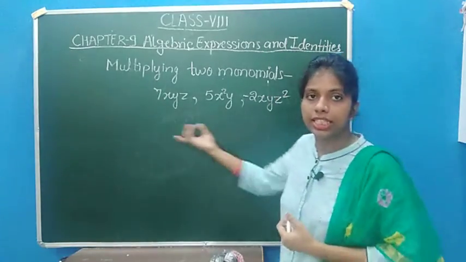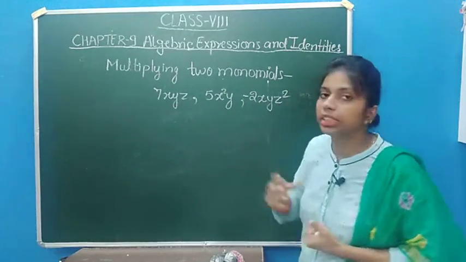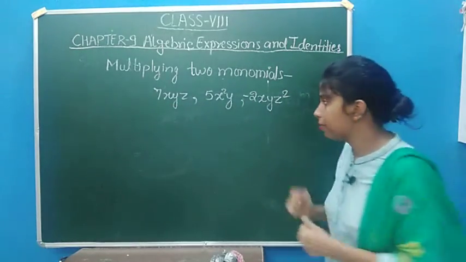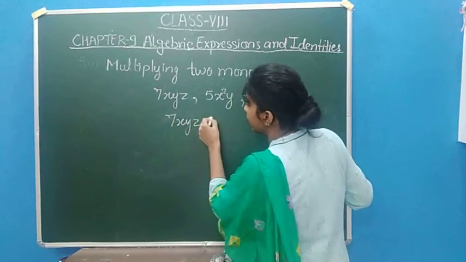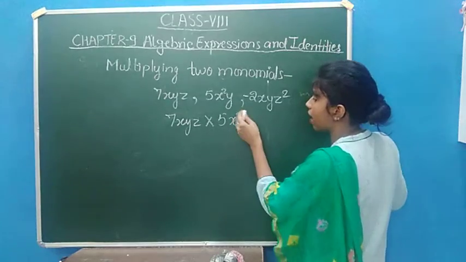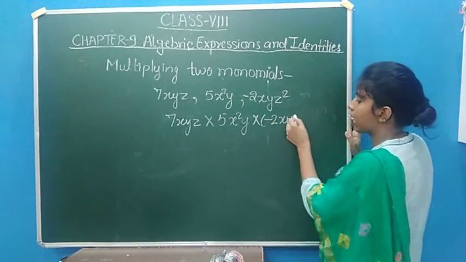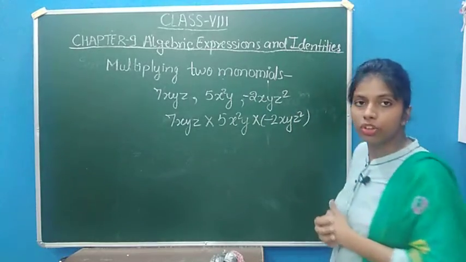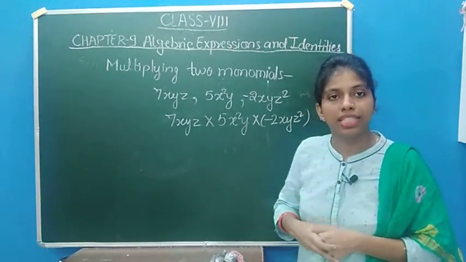Okay, so these three are monomials because we have only one term in each. So let's multiply them. So let's write 7xyz into 5x square y into minus 2xyz square.